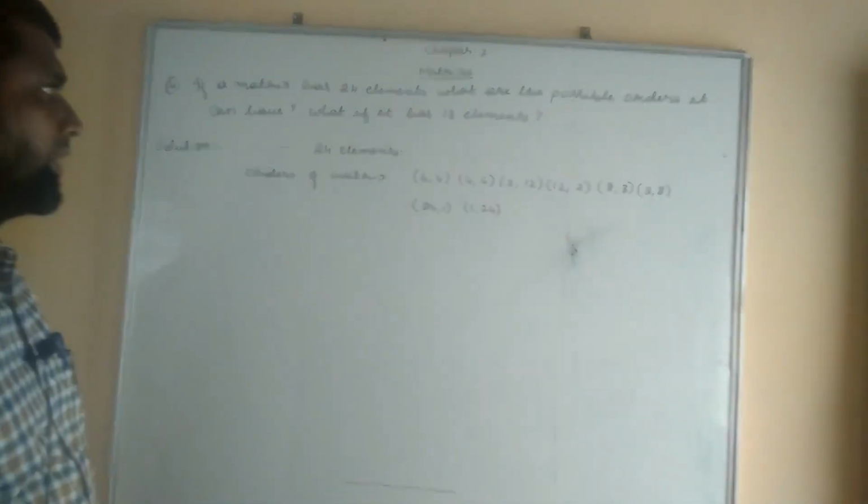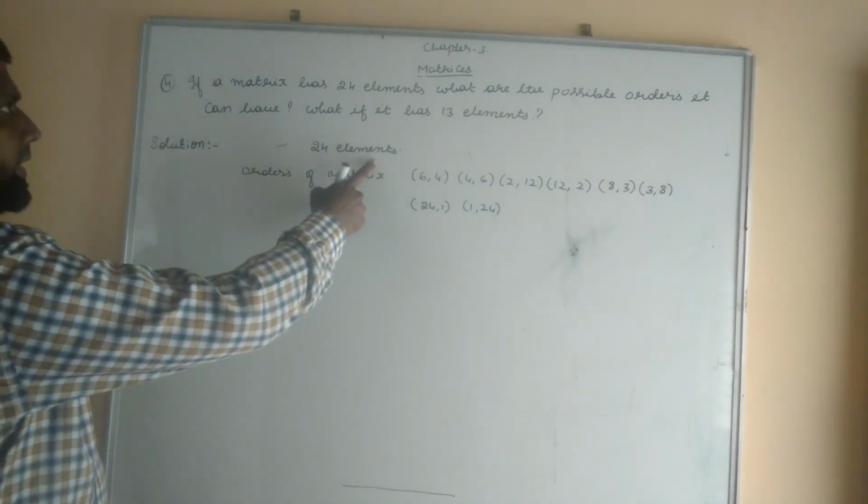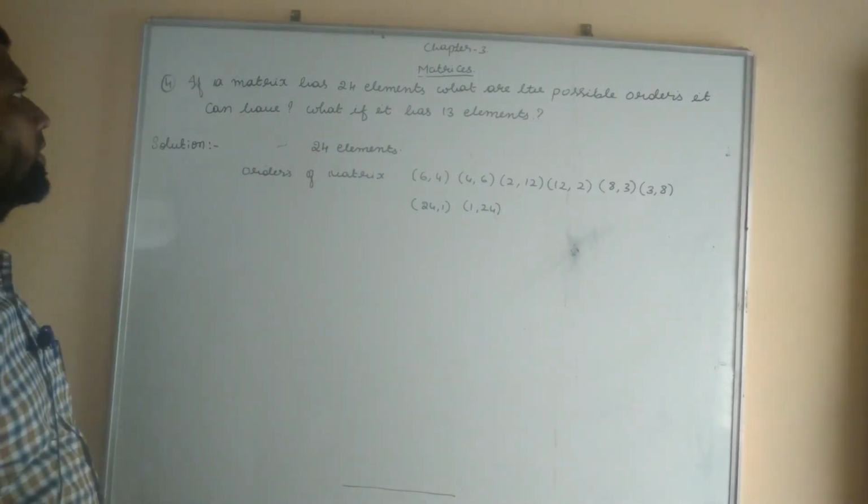These are the possible orders. If he has given 24 elements, you have to write the possible orders of the matrix.